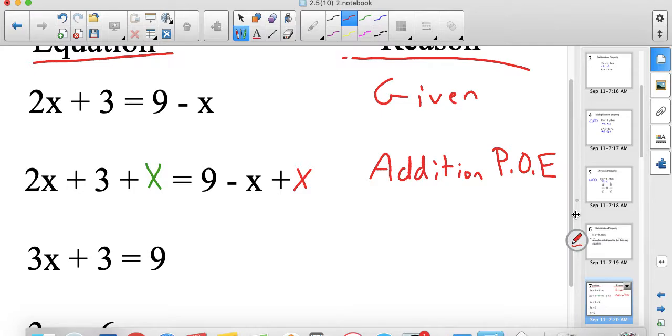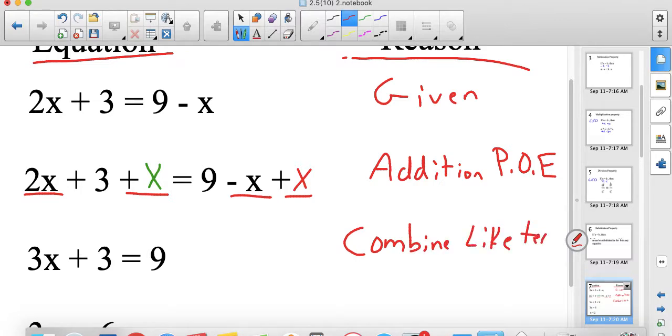Typically, when we add x over to the other side, most people just combine them right away. Technically, when you add them over, I got the 2x plus x, negative x plus x. When we combine those, I get 3x plus 3 equals 9.